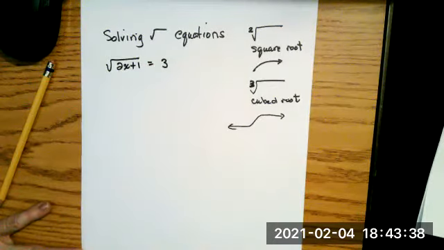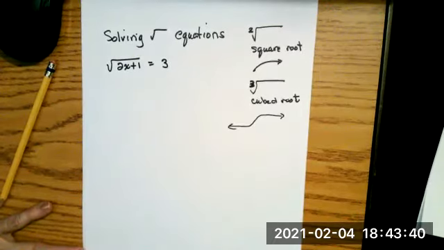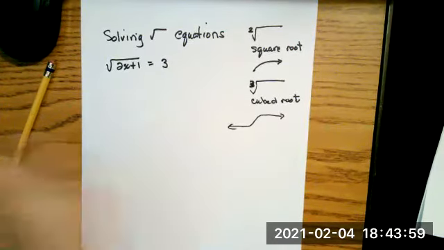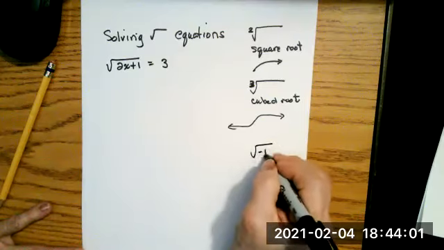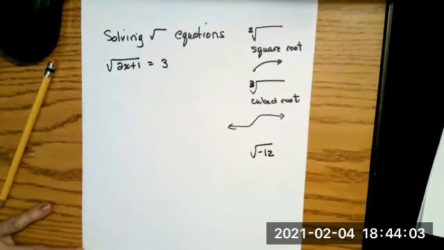And the thing that you have to be careful about with square roots is that you have to check your answer, because in square roots, you can get a number for an answer that won't actually work in your problem, because under a square root, you have to keep that value positive or 0. In our course, we can't find the square root of something like -12 right now, because that's an imaginary number.